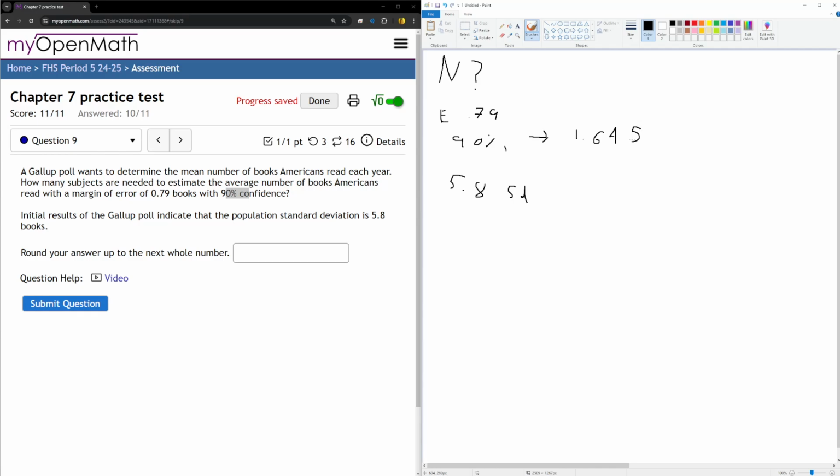And we are solving for N. Standard deviation is given, so we're going to use a z-score times your standard deviation over n squared.